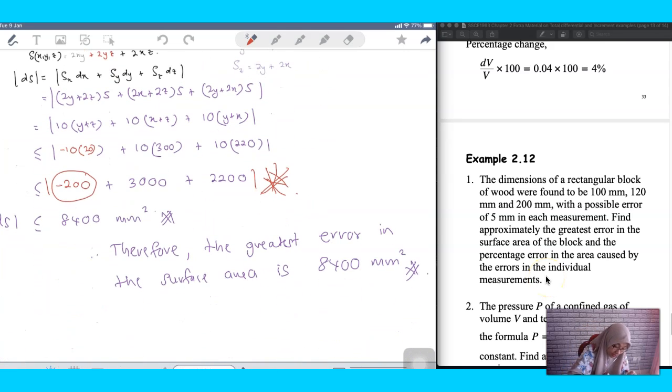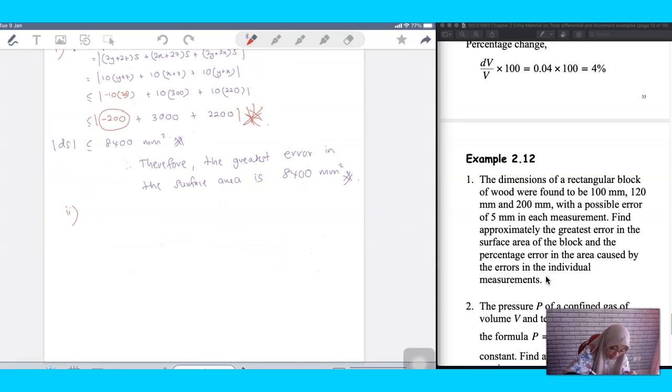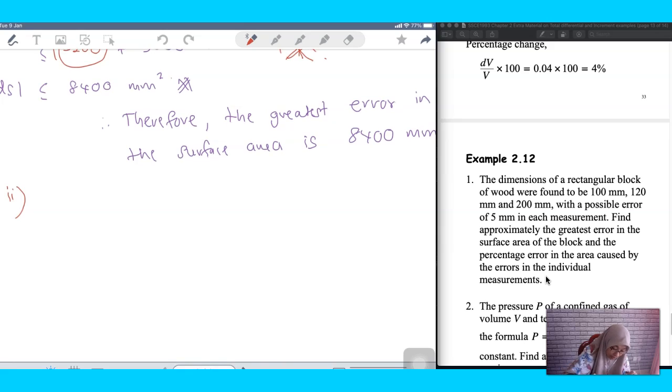We are done with the first task, and we go to the next task, number 2. We have done finding the s just now. In this case, there is no maximum, just the s.